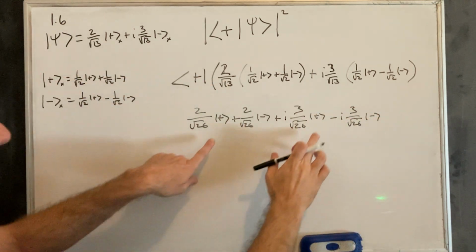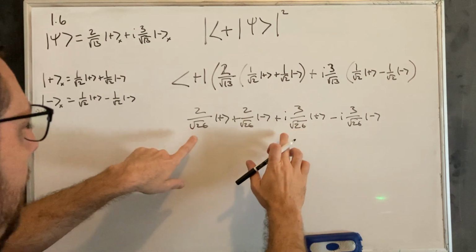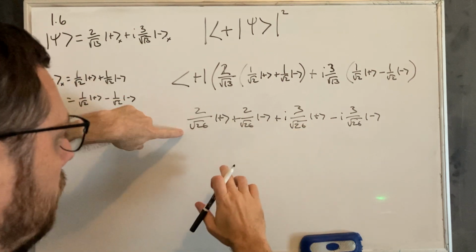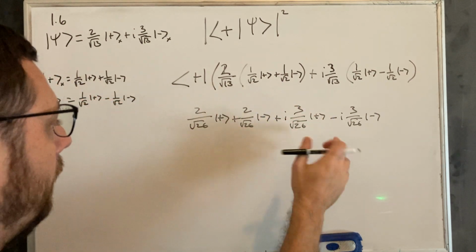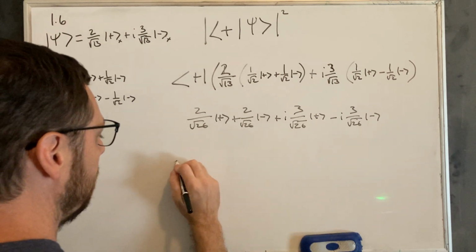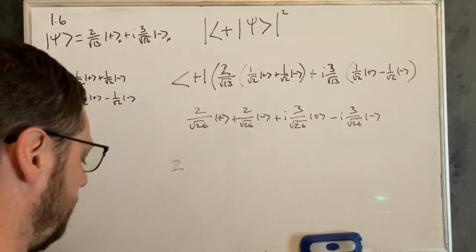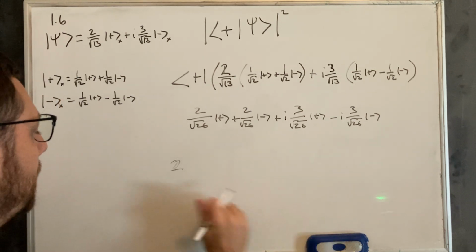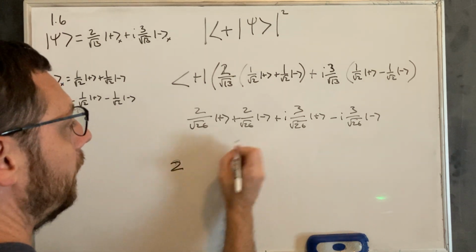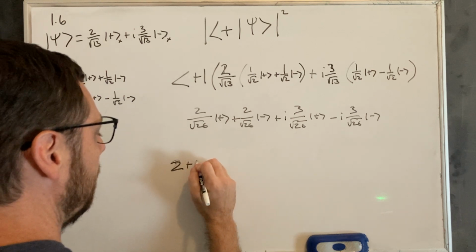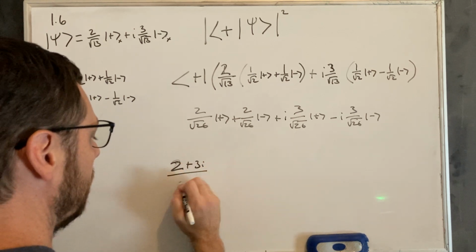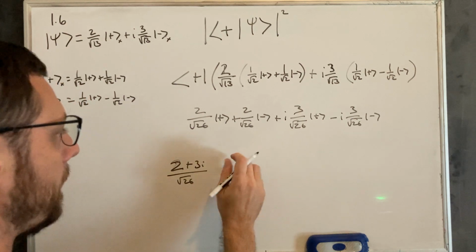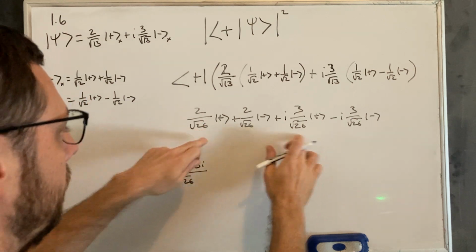If we want, we can combine these ups here. So we have a 2 over root 26 and then 3i over root 26. So let's do that. 2 plus 3i over root 26. Those terms there.